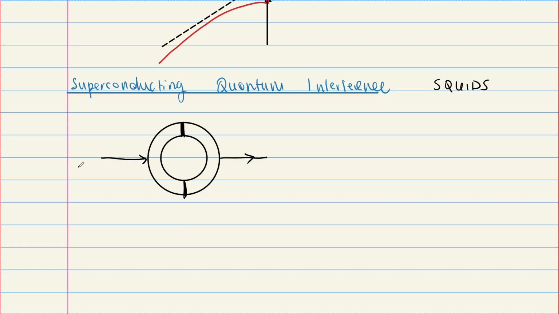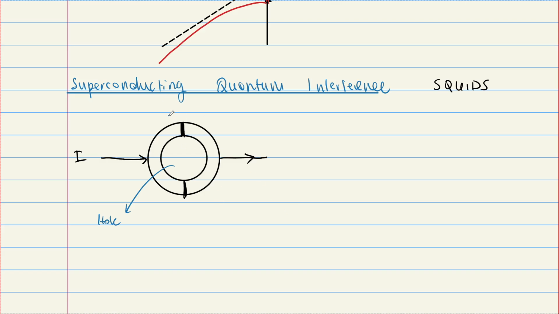So this is I, and there you can see there's a hole here. In that hole I can, for example, pierce through a magnetic flux, and that's what I'm going to do later. First, let's think about this without the flux.